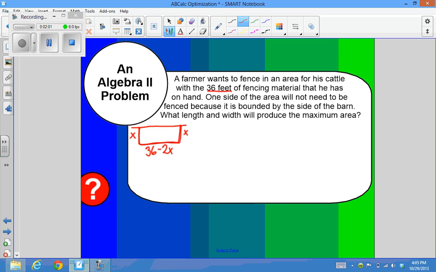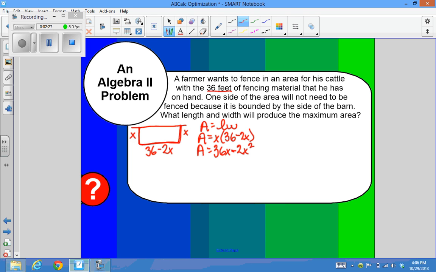Okay? And then I'm wanting to produce the maximum area. Area of a rectangle is length times width. So my area on this is going to be x times 36 minus 2x. So you get A equals 36x minus 2x squared.